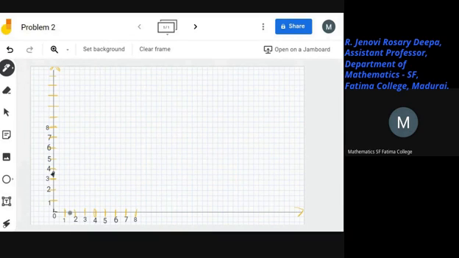So 1, comma 3.3. Here 1 is here and the 3.3 is again somewhat here. Below the line 4, you have to mark 1 point.